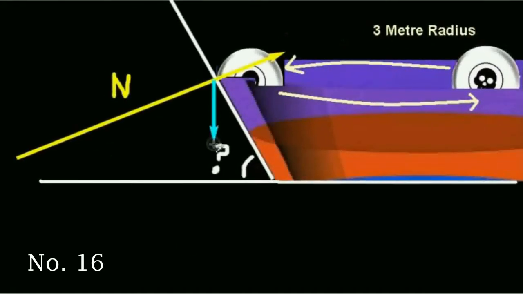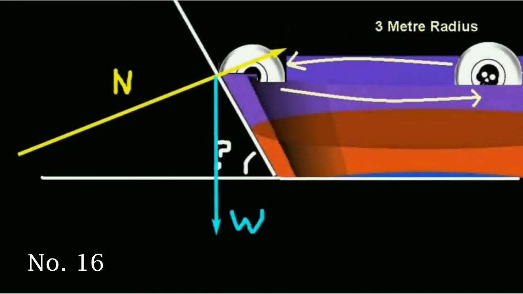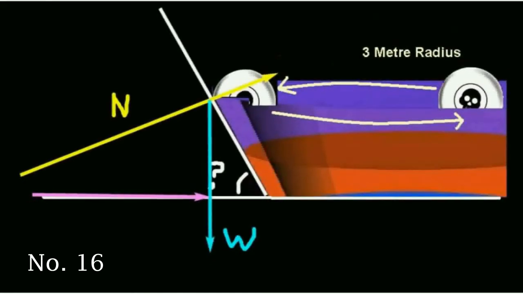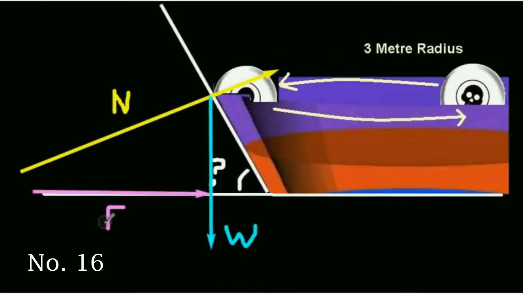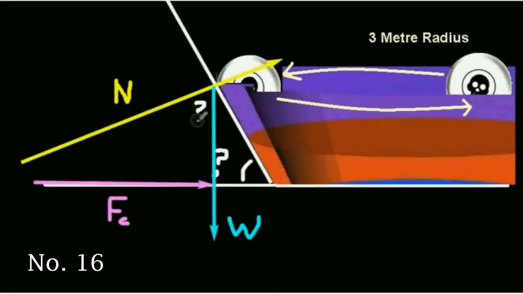Now here's our normal. This is our weight force, and the ball is moving towards the centre of its orbit. This is the centripetal force here in the pink arrow, and the angle of the track is equal to this angle up here.